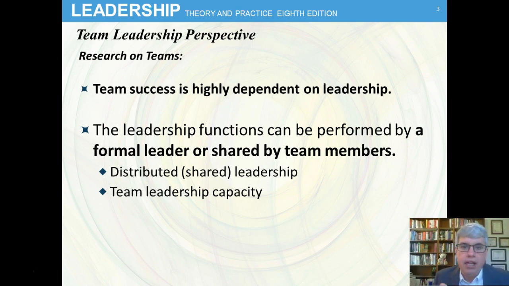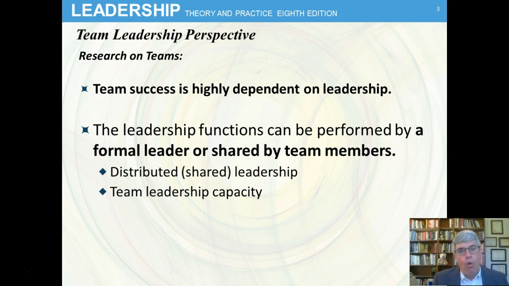Now, here's a novel idea that most people don't think about: leadership functions, the stuff done by leaders, can be performed in a team either by a formal leader that everyone recognizes, or they can be shared by team members. Maybe there's not even a formal leader, but the individual members can play a role and share the leadership.